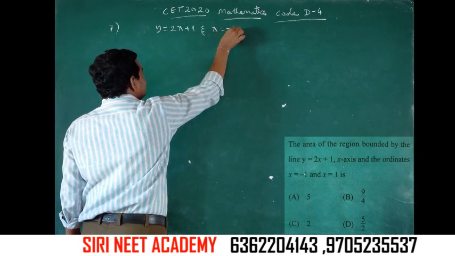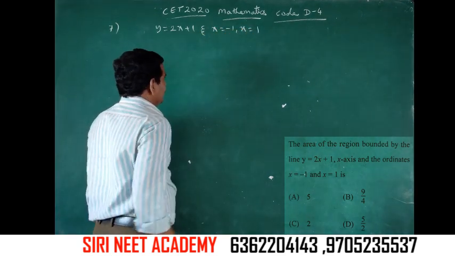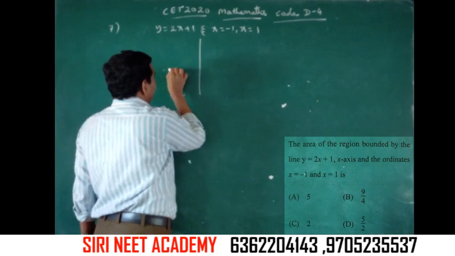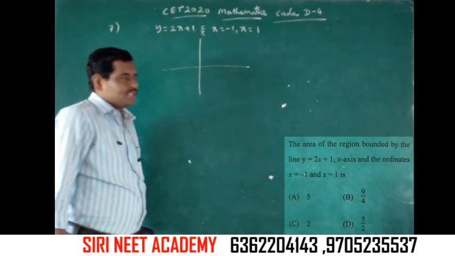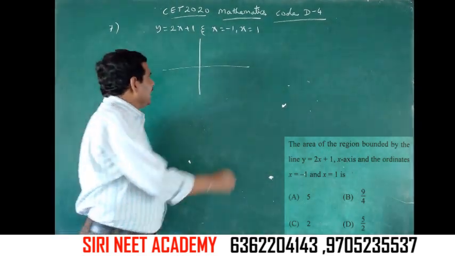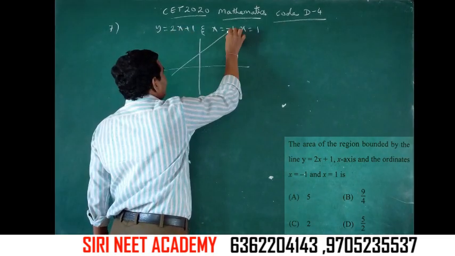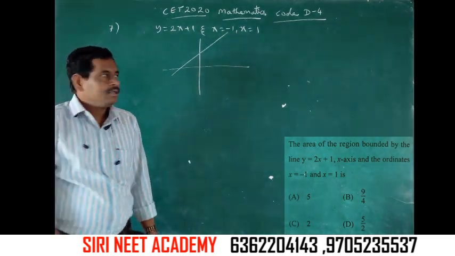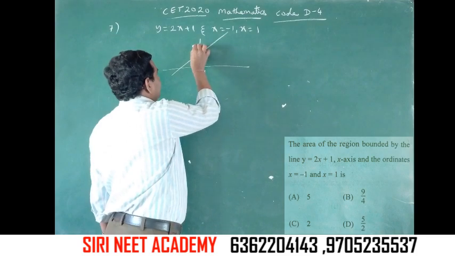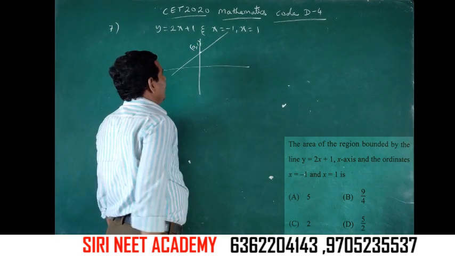And in between x is equal to minus 1 and x is equal to plus 1, y is equal to 2x plus 1. Y intercept 1, slope 2. This point is x value 0, y value 1.